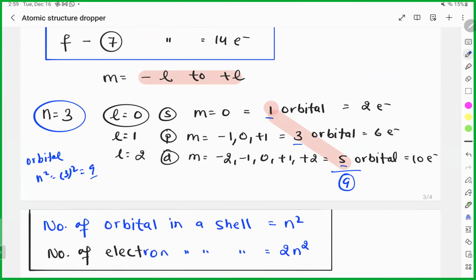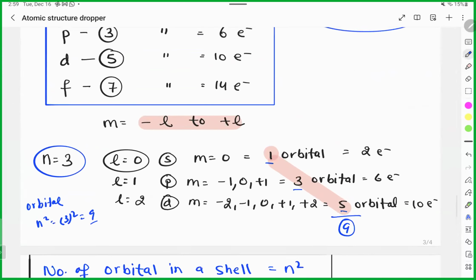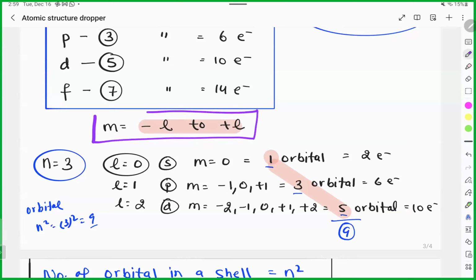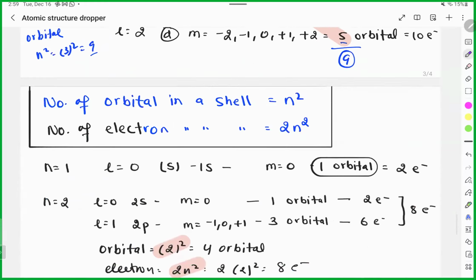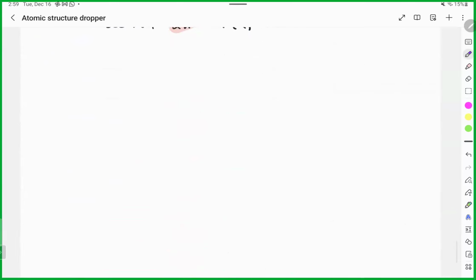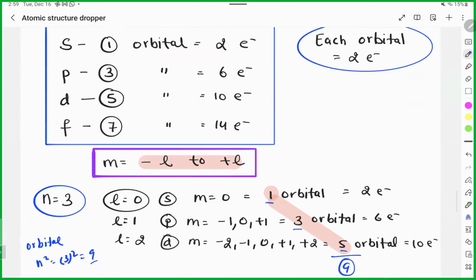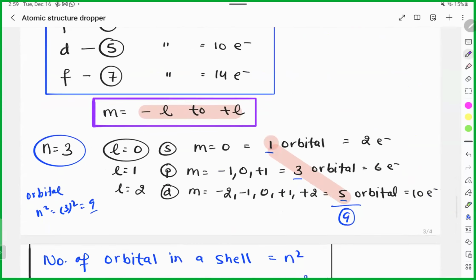So remember, whenever you calculate the m value, you take minus l to plus l, all the values. Make sense? Yes, sir. And last is spin quantum number, the smallest topic. This is magnetic fourth.